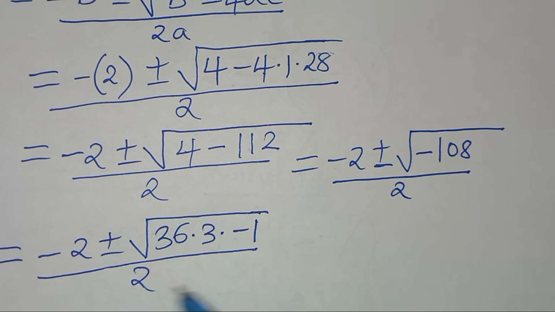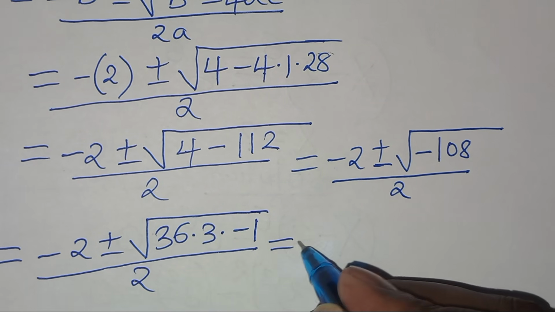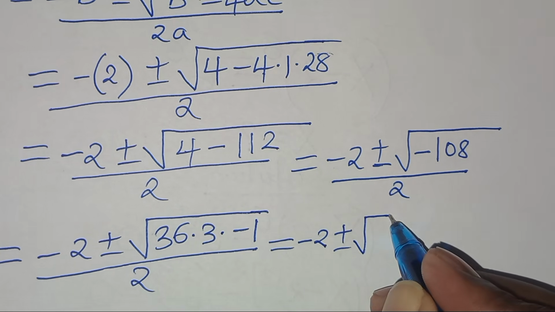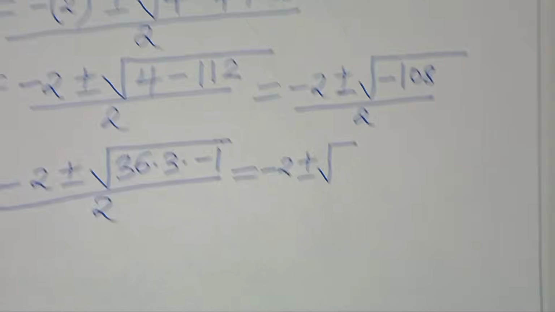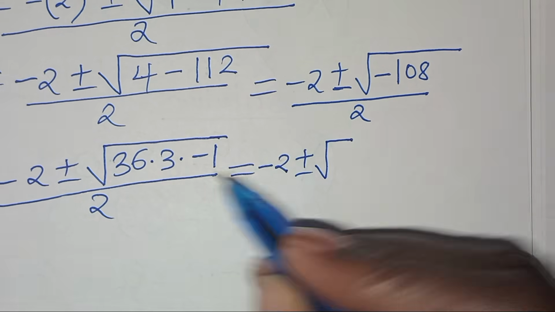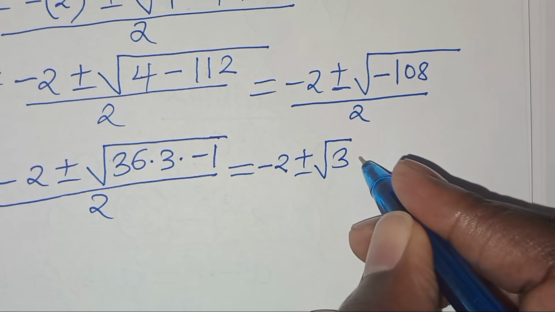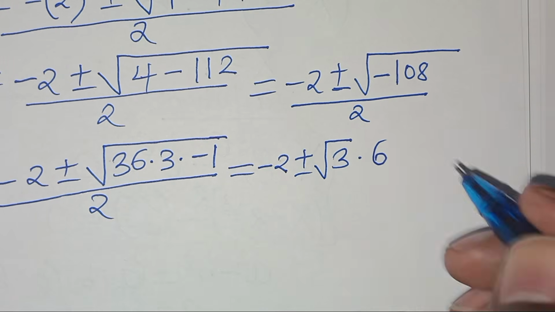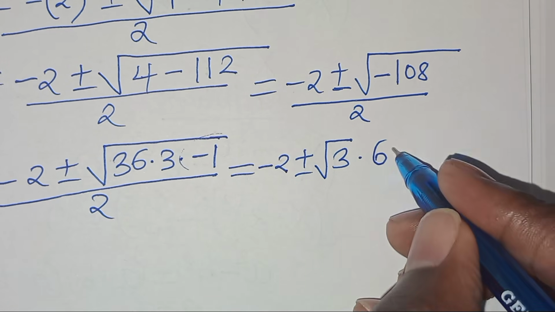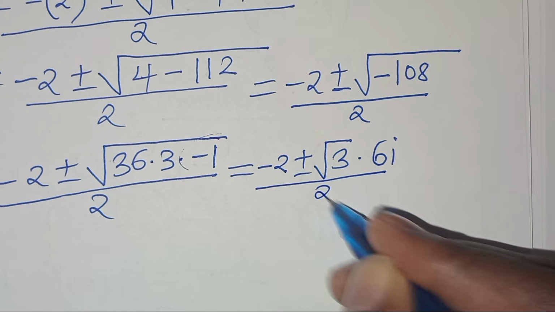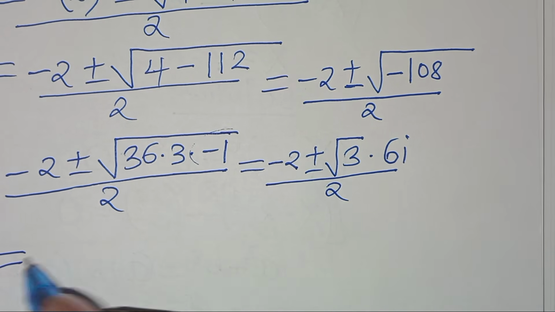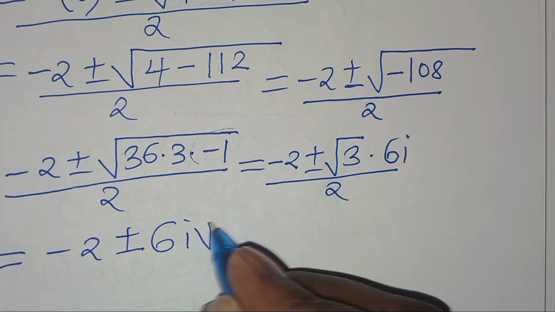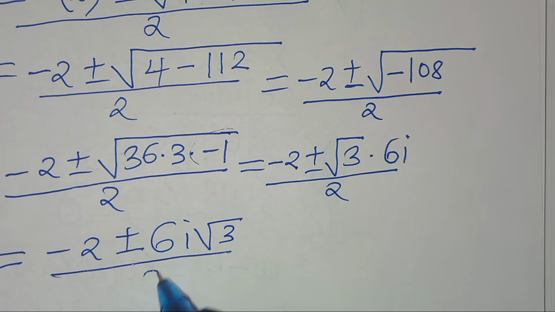So essentially we'll have the square root of 3 multiplied by the square root of 36, this is 6, and the square root of minus 1, this is i, then divided by 2. So this is the same thing as (-2 plus or minus 6i square root of 3) divided by 2.